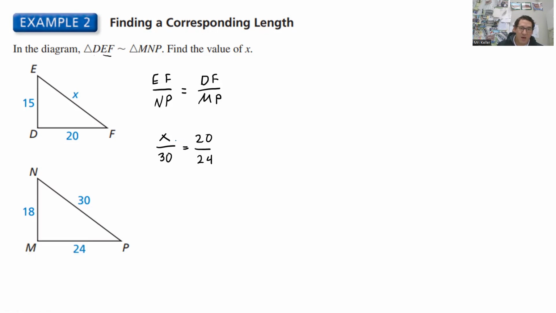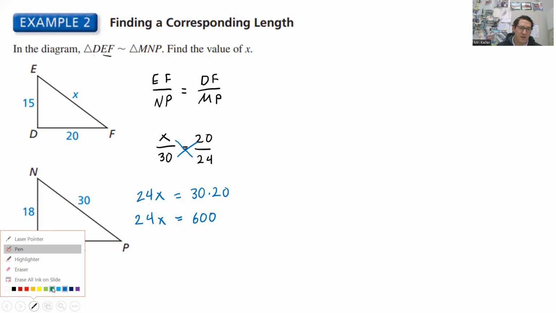So if we cross multiply, it's going to be X times 24, which is 24X, and then is equal to 30 times 20. If you want to work with smaller numbers, that's fine. But it's going to be 24X is equal to 30 times 20 is 600.